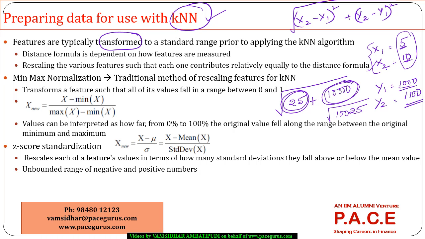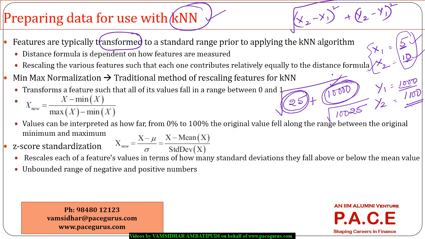Now, because of this, size matters a lot here, right? Size is playing a major role in the determination of the distance. So the variable which has a very big value is going to dominate the distance altogether, which is what will create all the problems in classification.